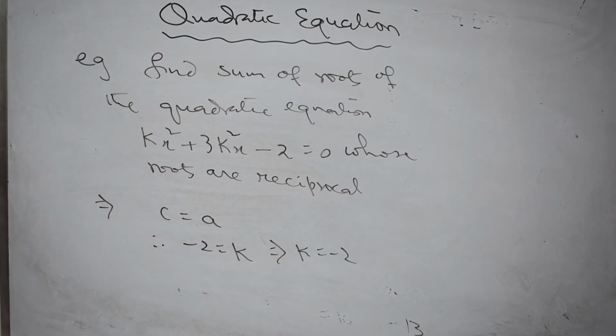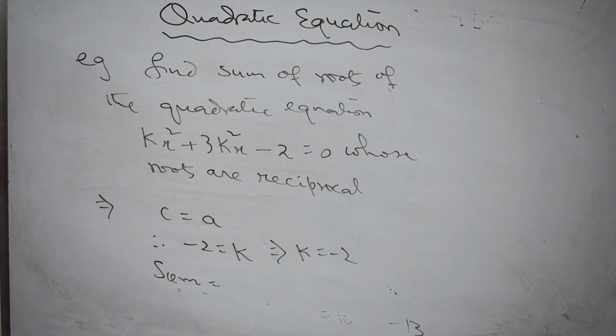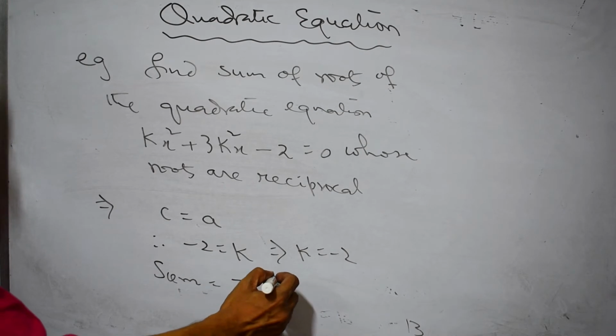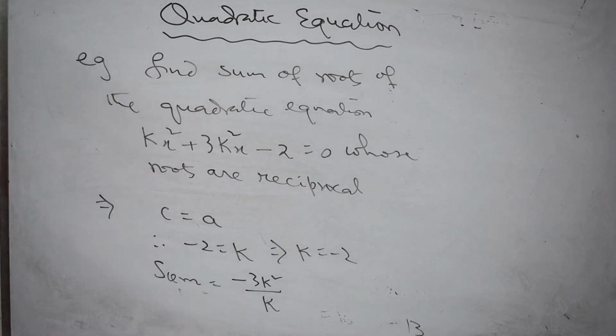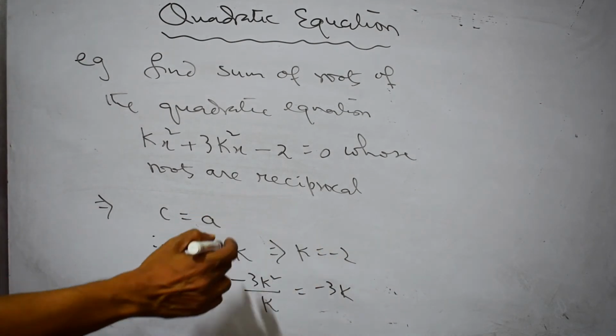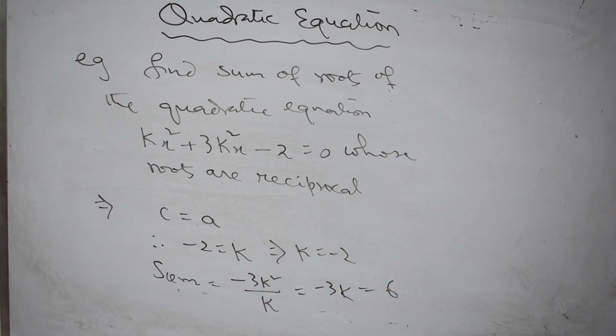Then the sum of the roots will be minus b by a, that is minus 3k square by k, which comes to minus 3k. Just before, we found k is minus 2, so it will be 6. So this is an idea how to find the relation between roots and coefficients if the condition is like this.